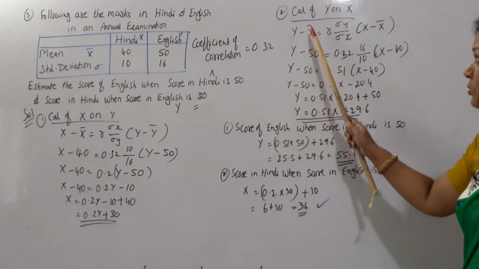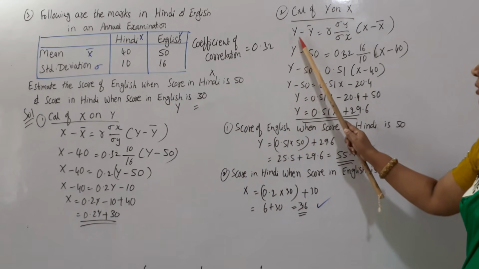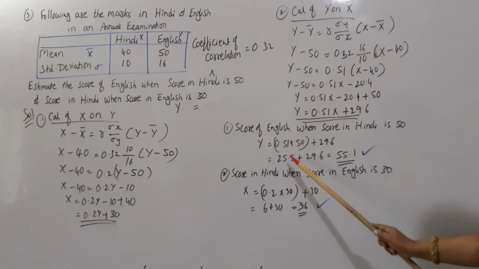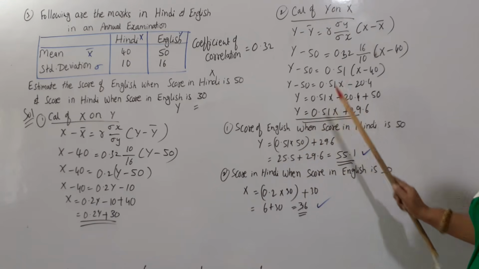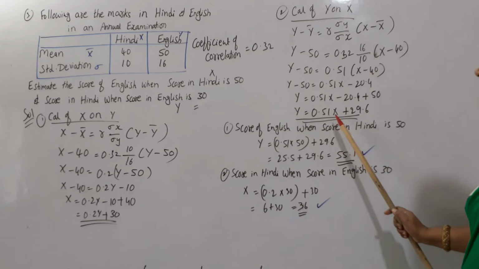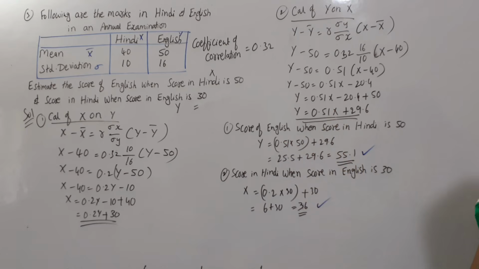Find out y value means you have to take y on x only. So to find out y when x is 50, we have taken this formula, y on x. So 0.51 into this value, x is 50. We have done the calculation, we are getting 55.1.